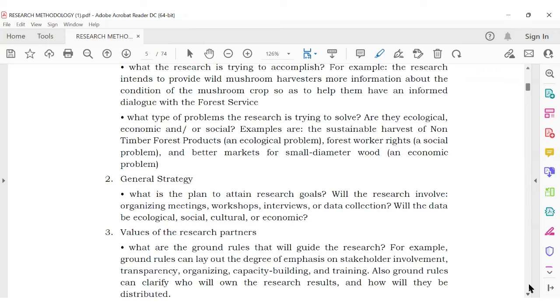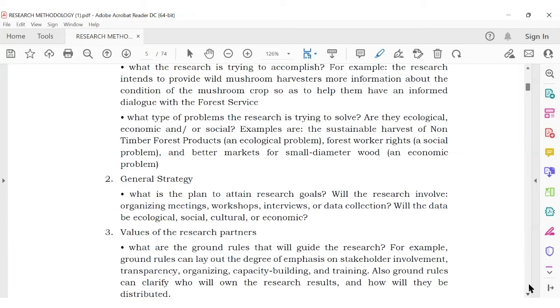You have to break these down into more defined objectives, which will be part of your general strategy. What will be your methodology? Whether you are doing some intervention, or only a descriptive study, or it is just for the sake of academics.